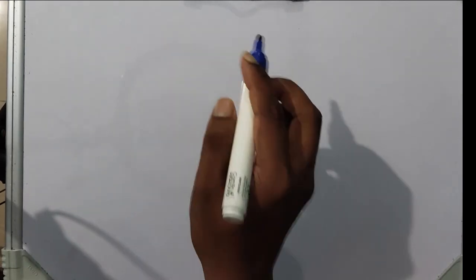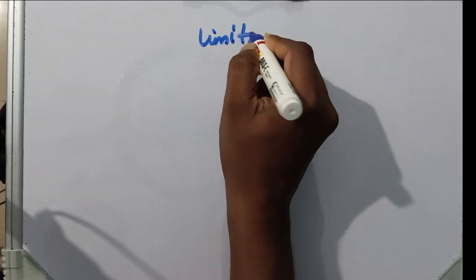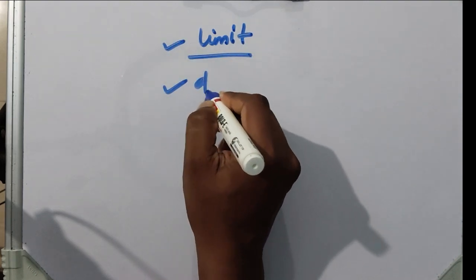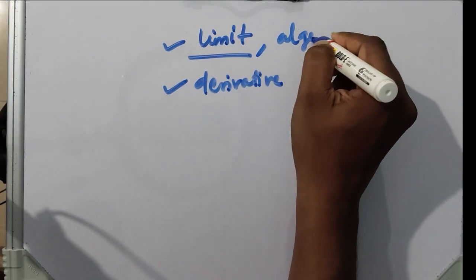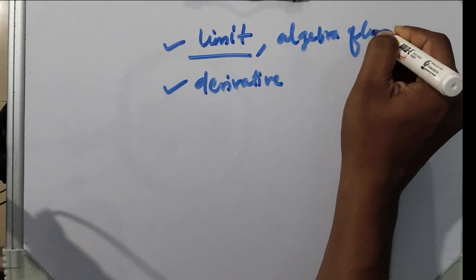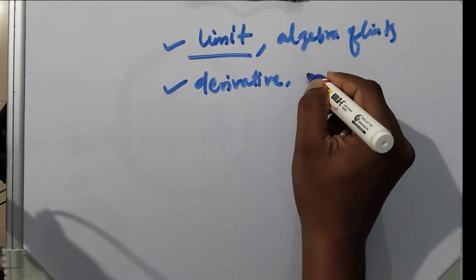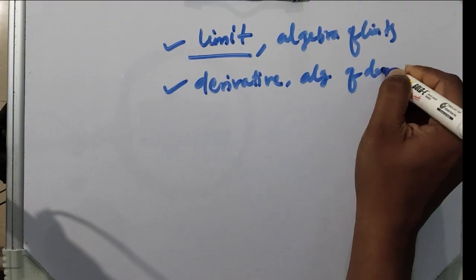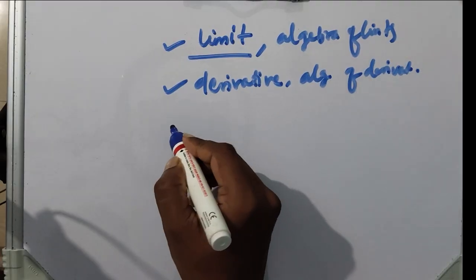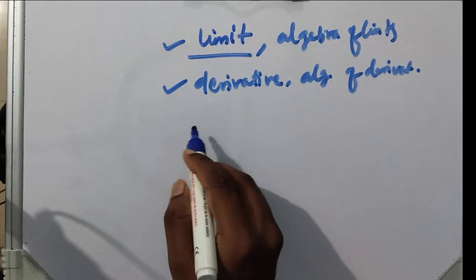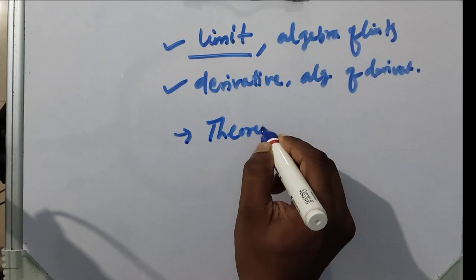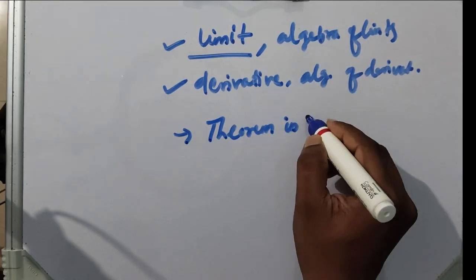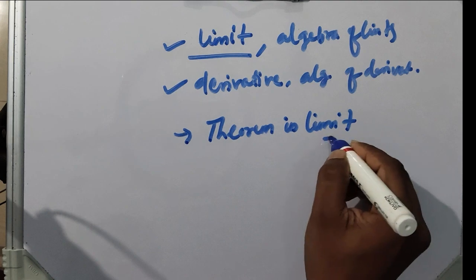So now we have come to the end of the chapter. We understood limits, we have understood derivatives, algebra of limits, algebra of derivatives and their representation, and we have also learned certain theorems in limits and important formulas.